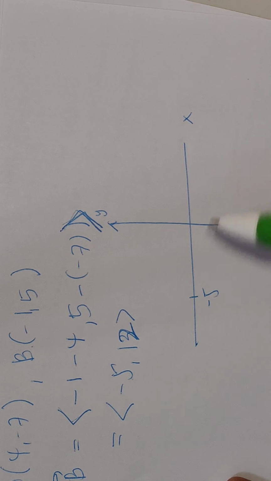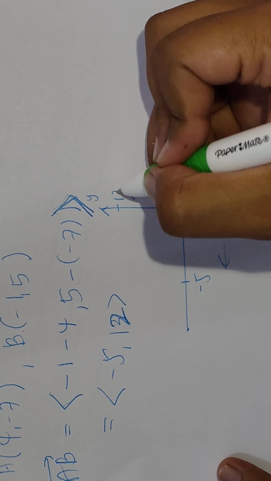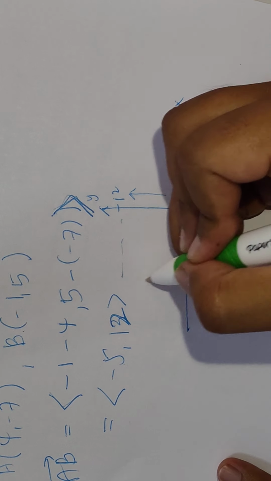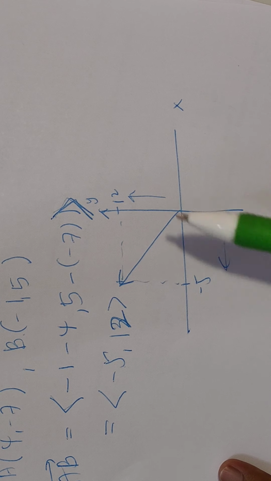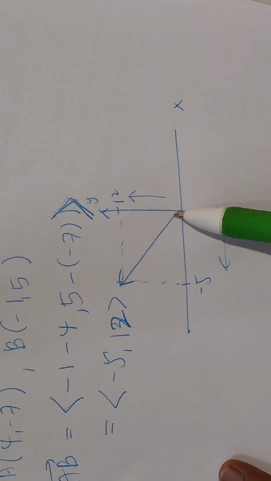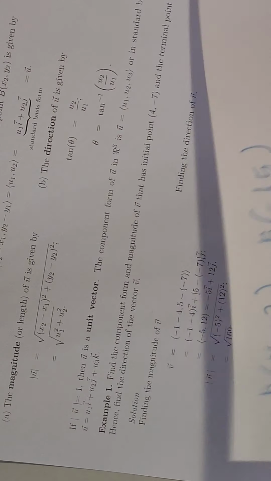The x component negative means that we move to the left. Okay, and y positive means that we move to the top, 12 unit. Therefore, the vector is, this is the location, this will be the vector that described from these components, right?